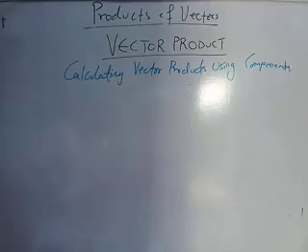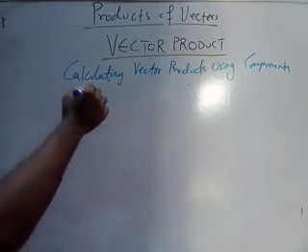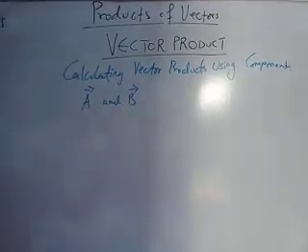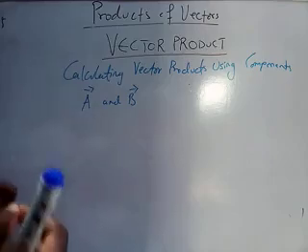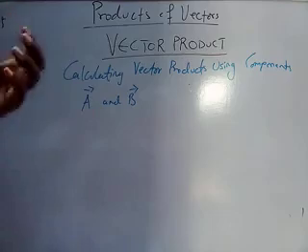So still on what we have done so far. If we know the components of vector A and vector B, we can calculate the components of the vector product using a procedure similar to that of what?